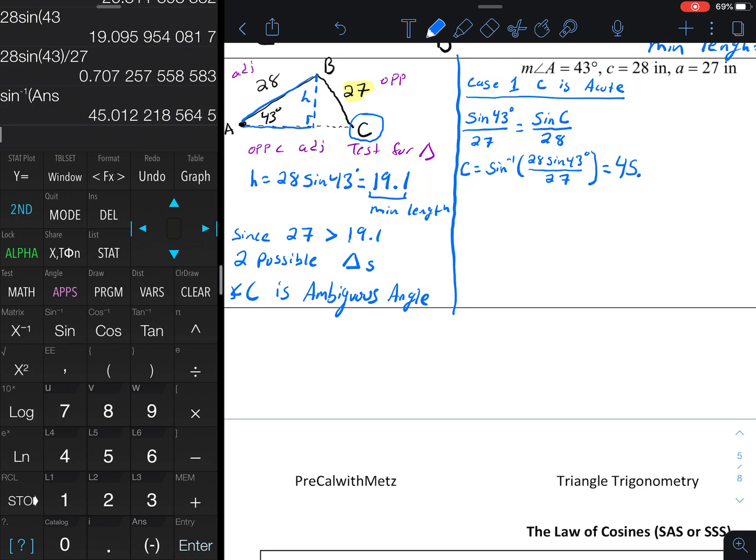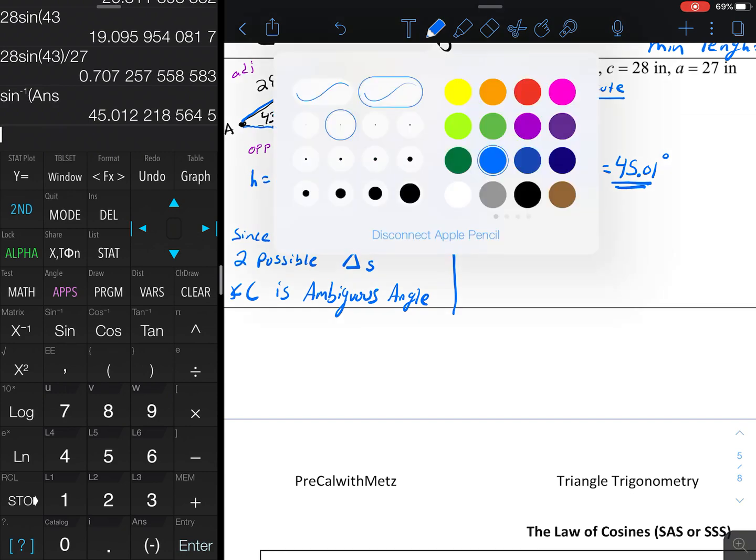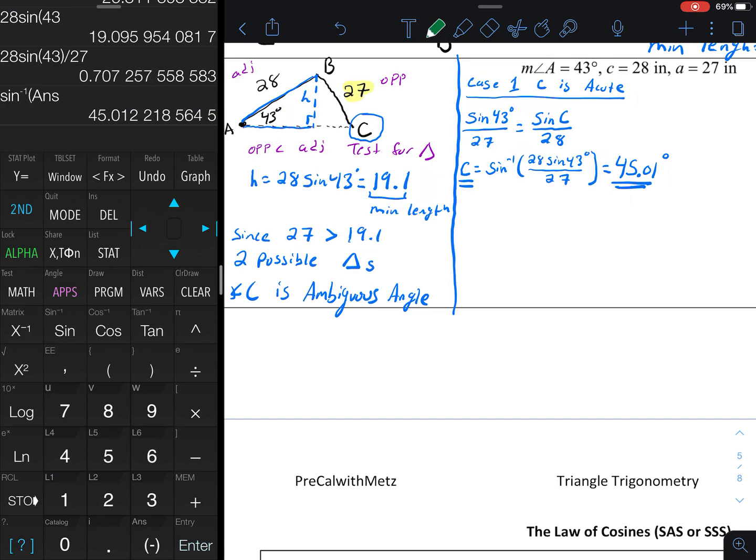All right, so that's acute angle C. Now that I have acute angle C, let's go find angle B and side B. Angle B at this point is going to equal 180 minus 43 minus acute angle C, 45.01.